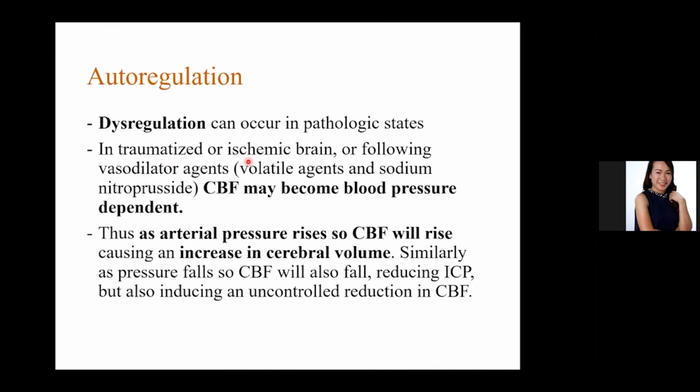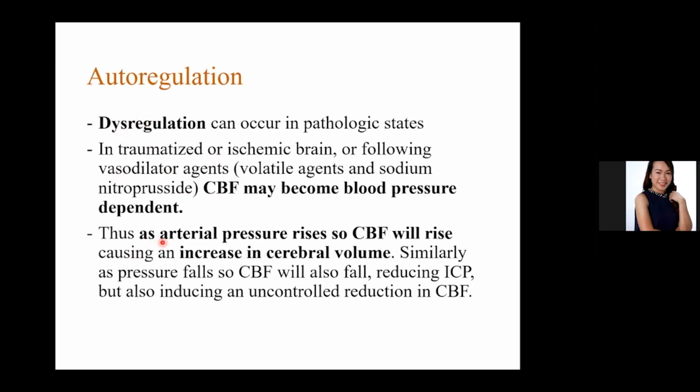So in these cases, the cerebral blood flow may become dependent on the blood pressure. If there is low blood pressure, then there will be low cerebral blood flow. And if there is high blood pressure, there will be high cerebral blood flow. This is called dysregulation, meaning the body can no longer function well in its autoregulation process.